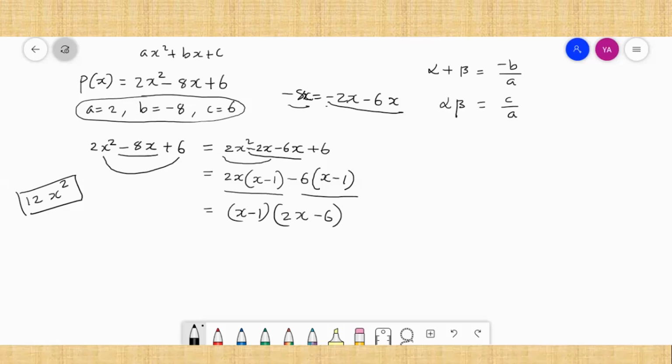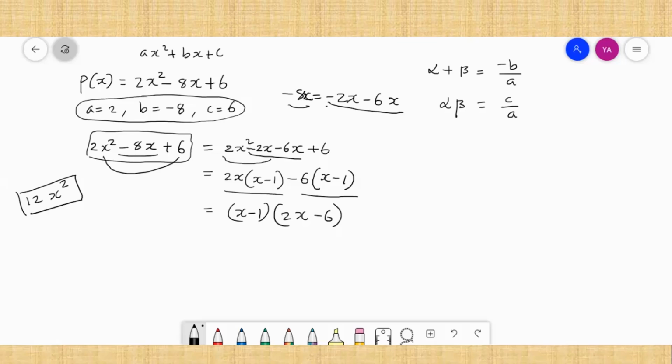So what we did, we factorized it. We made the given polynomial as the product of two first degree polynomials. So here to find the zeros, means we are finding the values of x. For that, p of x is equal to 0.